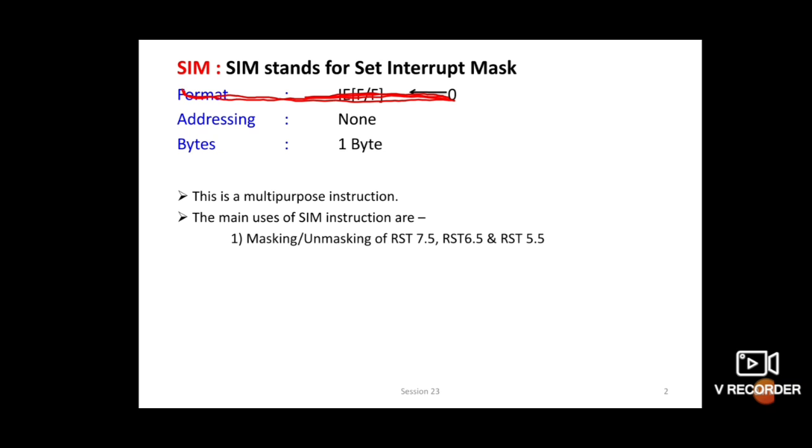Now see the main uses of this SIM instruction: masking or unmasking of RST 7.5, RST 6.5, RST 5.5; reset the RST 7.5 flip-flop; and perform serial output of data.